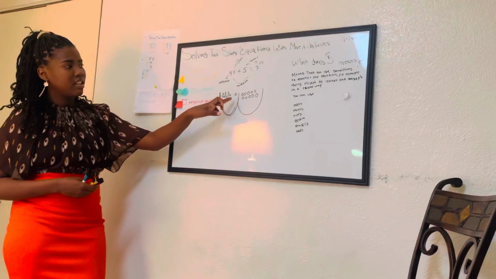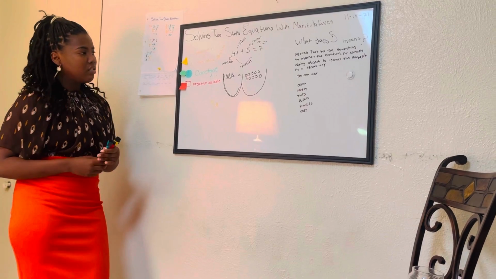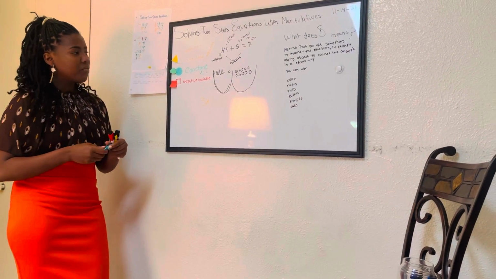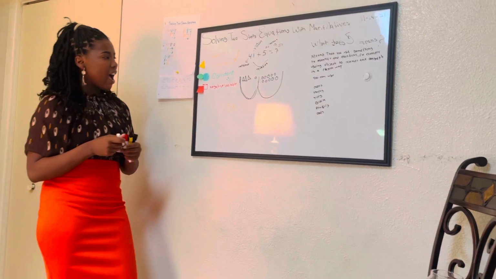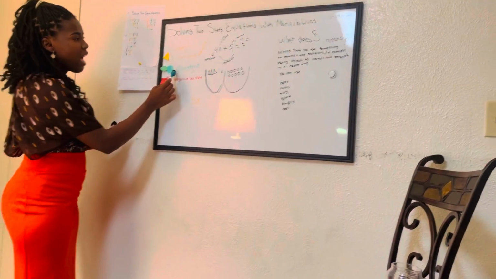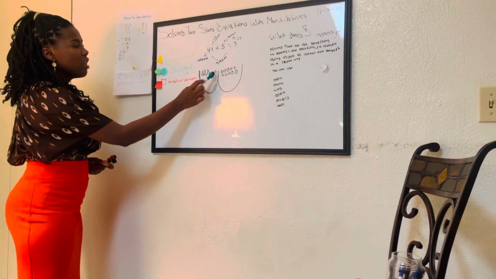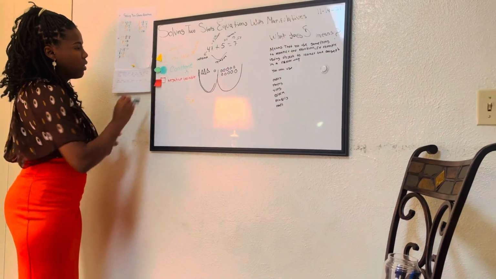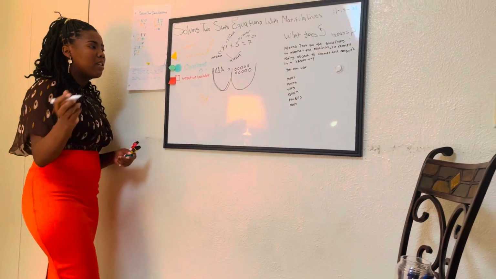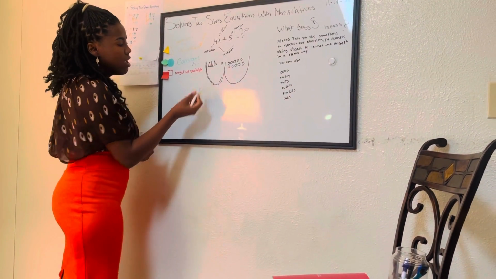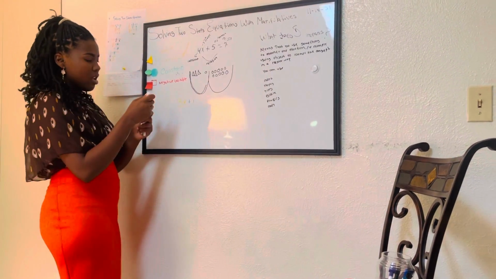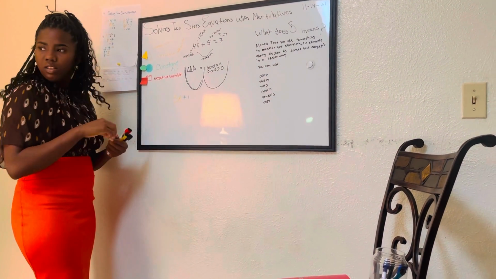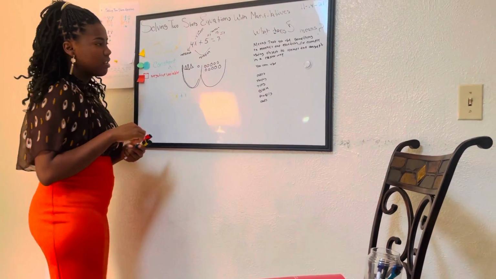All right, you have to look at the color right here. This one is the same as this one, so it means it is a circle. It is just one right here, right? So it's going to be plus 1. So now we're going to count. 3 plus 1 equals 4.